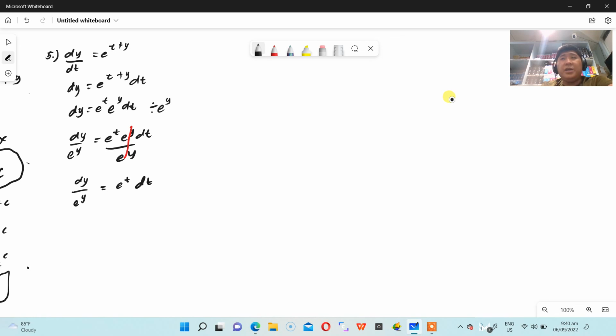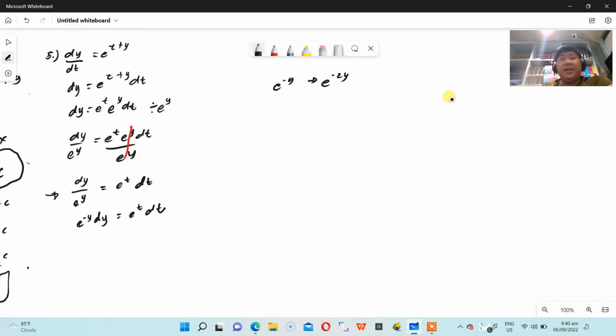Could you integrate this one? Do you know what is the integral of this? Okay, because there is no integral for this as written. But if you transform this one as e raised to the power of negative y dy, then we know that there is an integral for e raised to the power of negative y, or we can have e raised to the power of negative 2y.